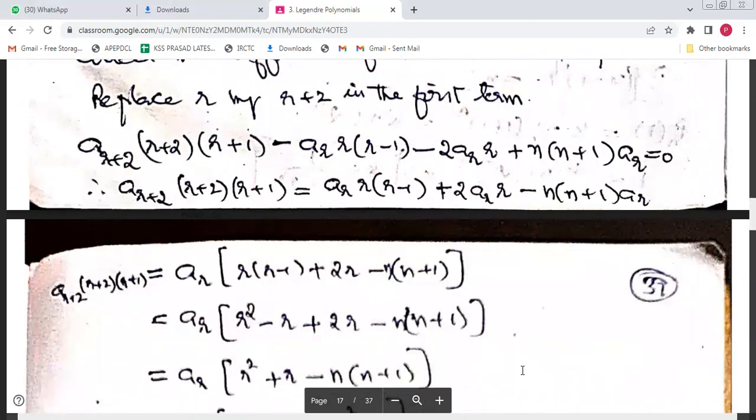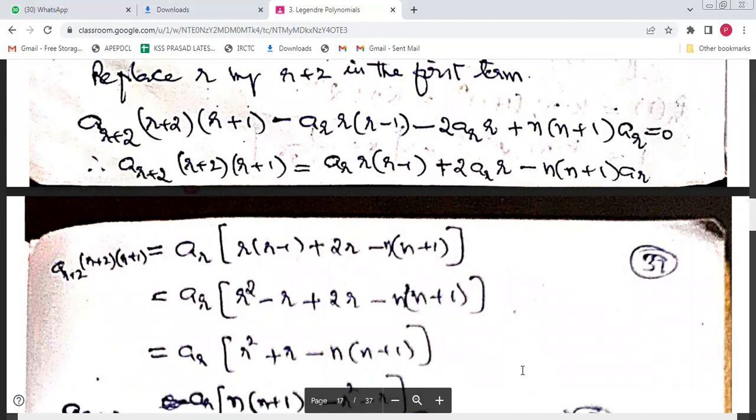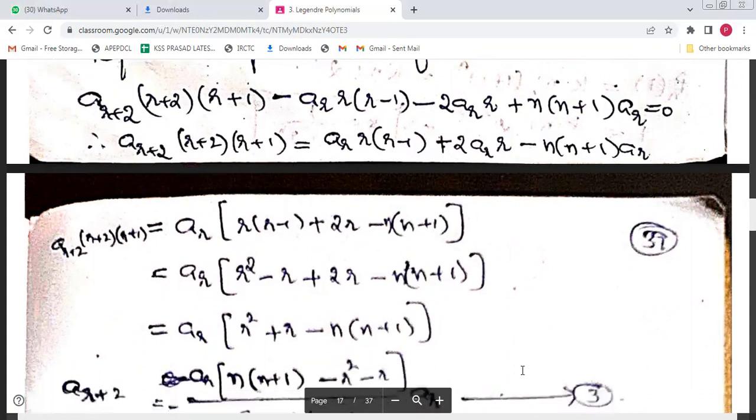That is nothing but a_r [r² - r + 2r - n(n+1)], so a_r [r² + r - n(n+1)].